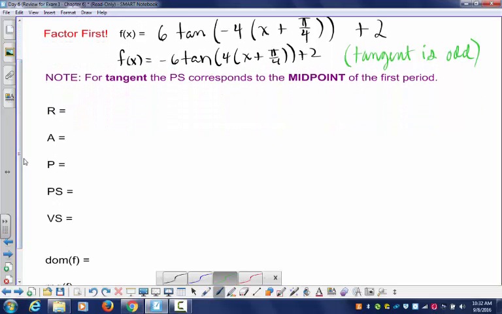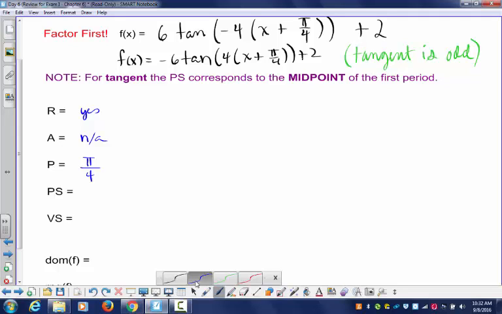Okay. And hopefully you were able to pull these things off pretty easily. Left to right. Reflection, yeah, we see a reflection right out in front with that minus. Amplitude, that's not applicable for a tangent. It goes up and down forever. Period, the basic period for tangent is pi. And then we have to divide by the leading coefficient of the angle.